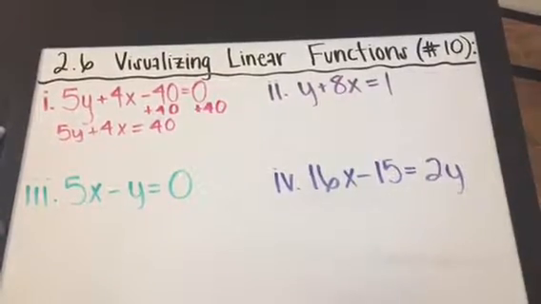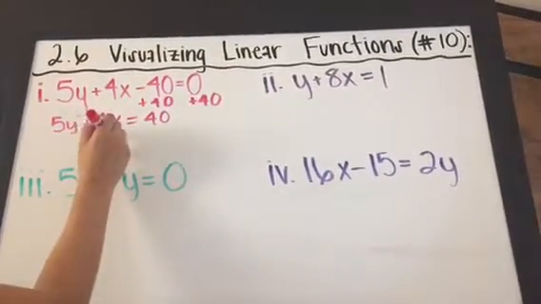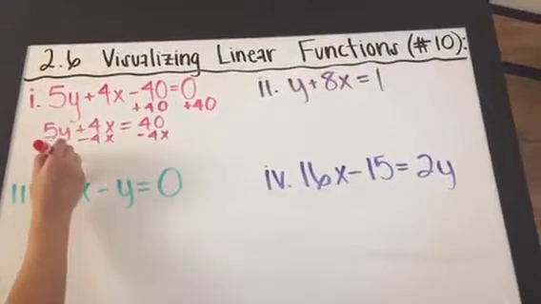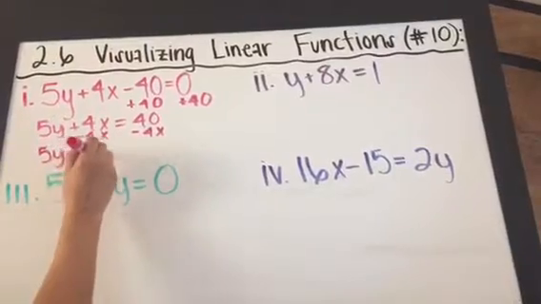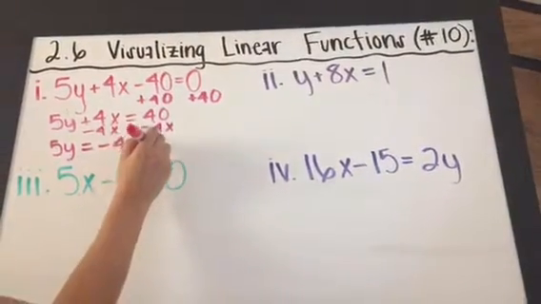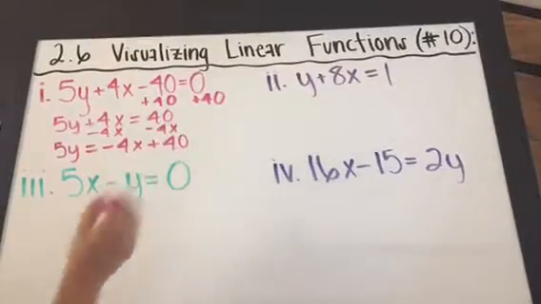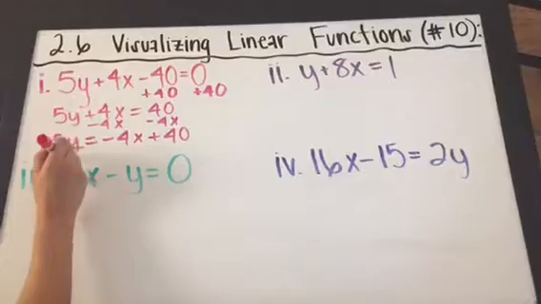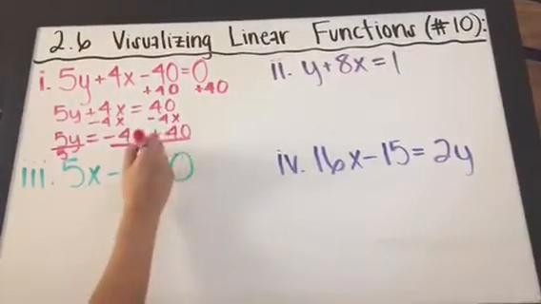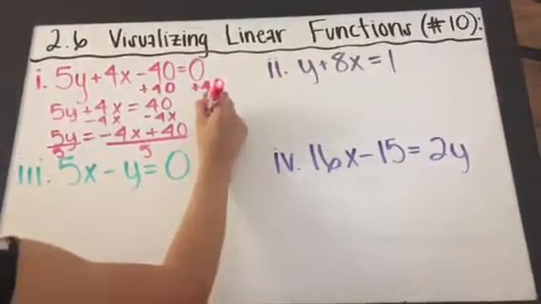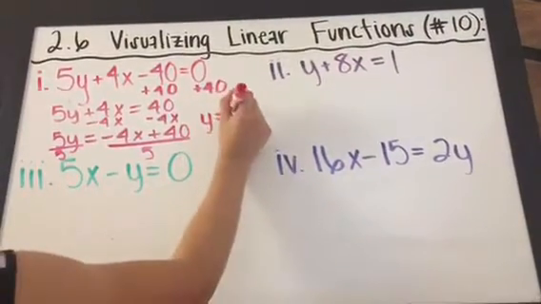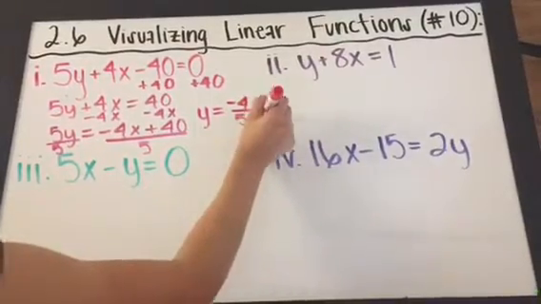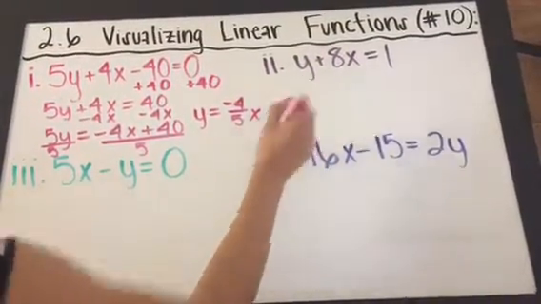Then we want to subtract 4x from both sides, and 5y equals negative 4x plus 40. And then we're going to divide both sides by 5 to get y by itself, and we end up with y equals negative 4 over 5 x plus 8.